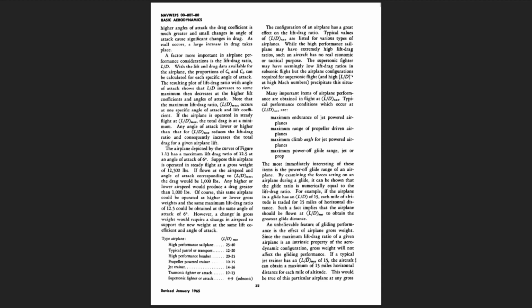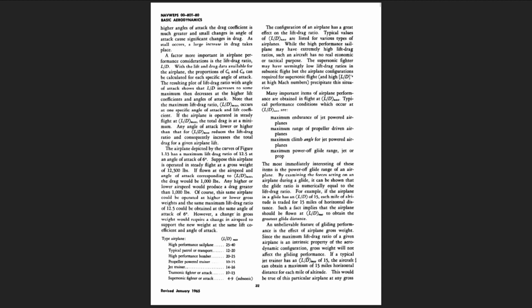Type of airplane: propeller-powered trainer. L/D max 10 to 15. Type of airplane: jet trainer. L/D max 14 to 16. Type of airplane: transonic fighter or attack. L/D max 10 to 13.